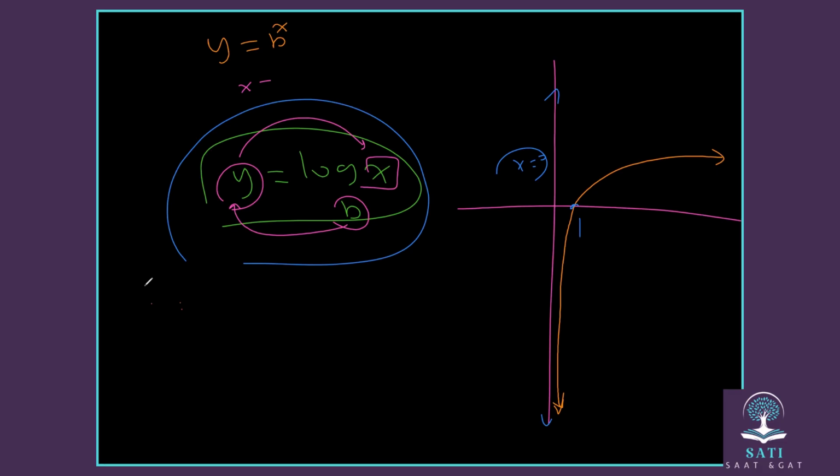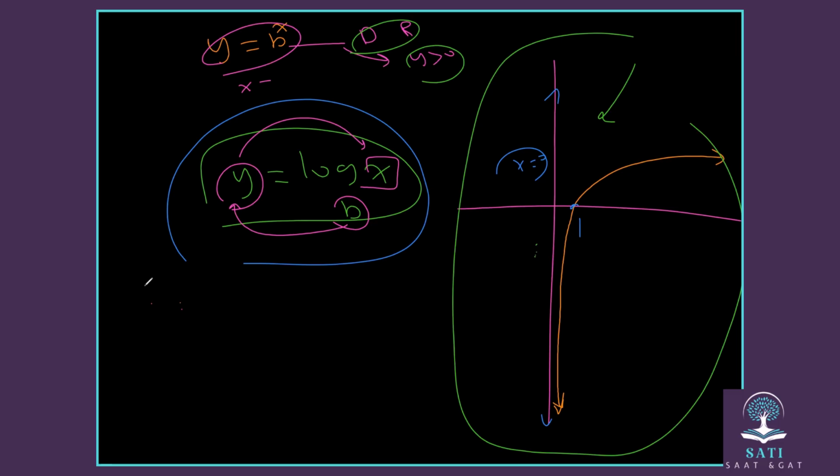So now this one here, which is exponential, its domain was all real numbers, and its range was y greater than 0. Okay, now the inverse function will be the opposite. So the domain of this one will be the range here, and the range will be the domain. In short, what you need to understand is that we understand the form of the logarithmic function and its graph, and now its domain and range.